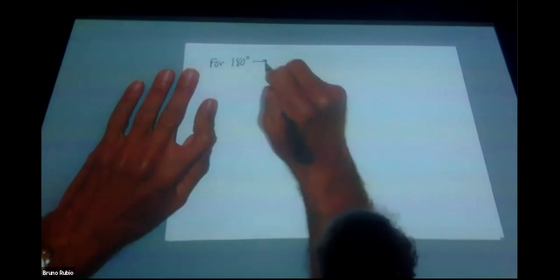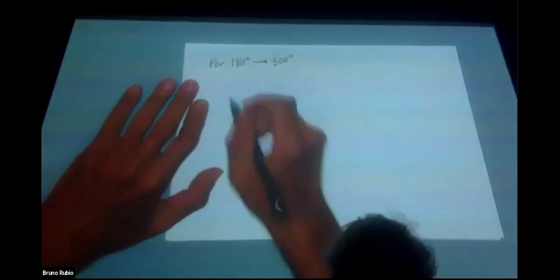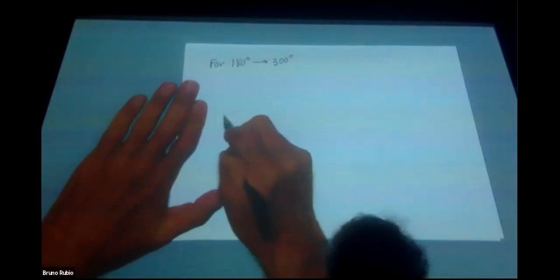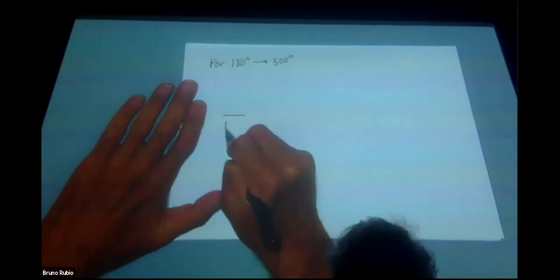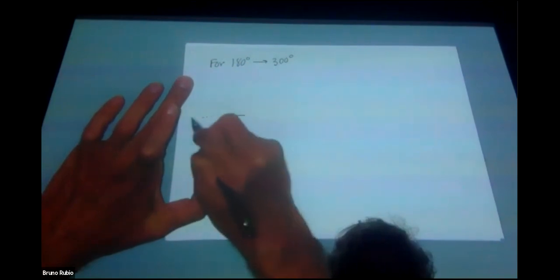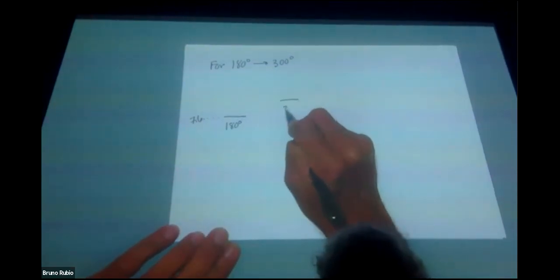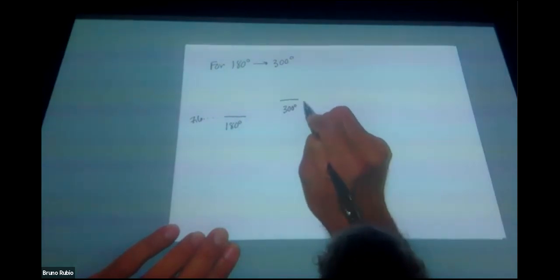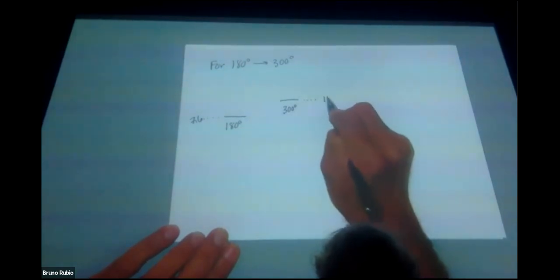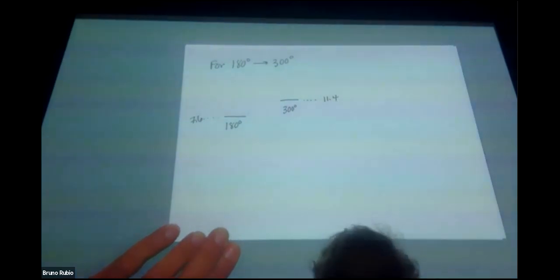For the 180 conformation to the 300 conformation. Here I had my 180 conformation down here, and it was worth 7.6 kilojoules. And then I had my 300 conformation over here, and it was worth 11.4 kilojoules.